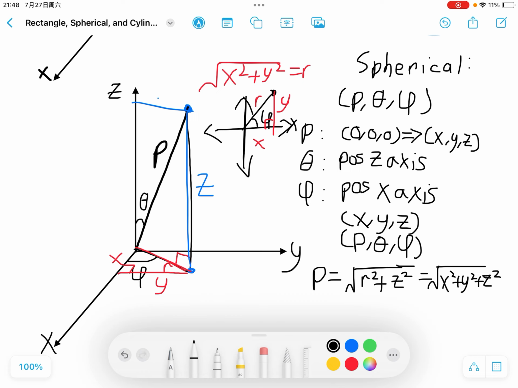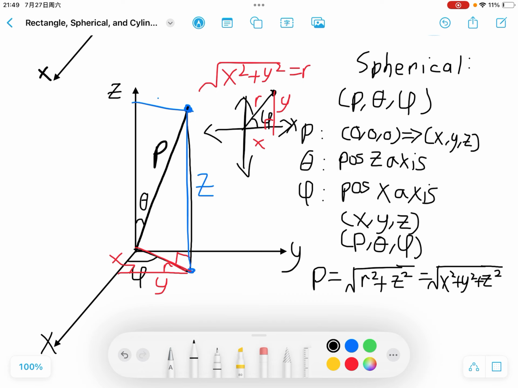So rho is equal to root x squared plus y squared plus z squared. That's our first formula.